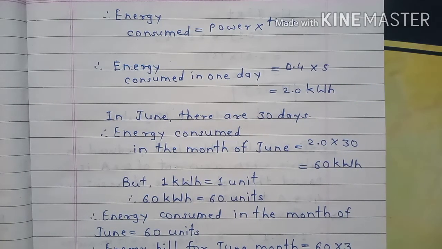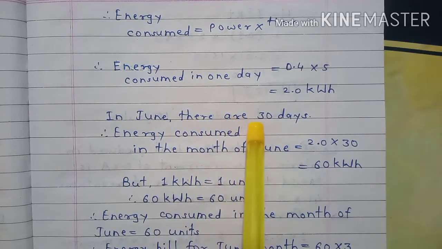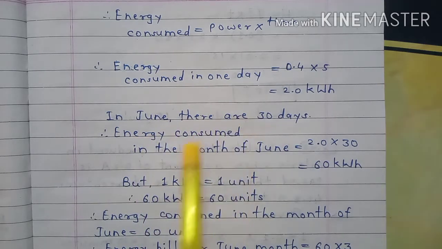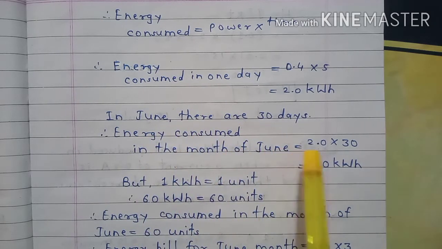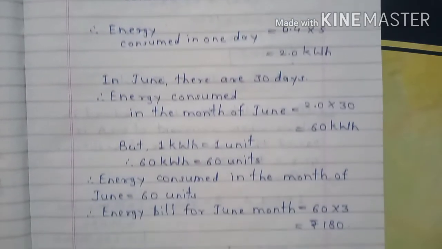Now we have to see for the full June month. In the June month there are how many days? 30 days. Therefore, energy consumed in the month of June is equal to 2 into 30, that will be 60 kilowatt hour. Now we know the relation between 1 kilowatt hour and unit.